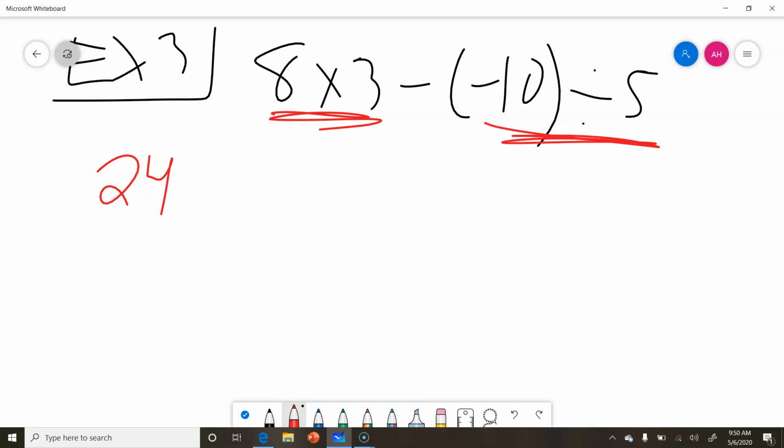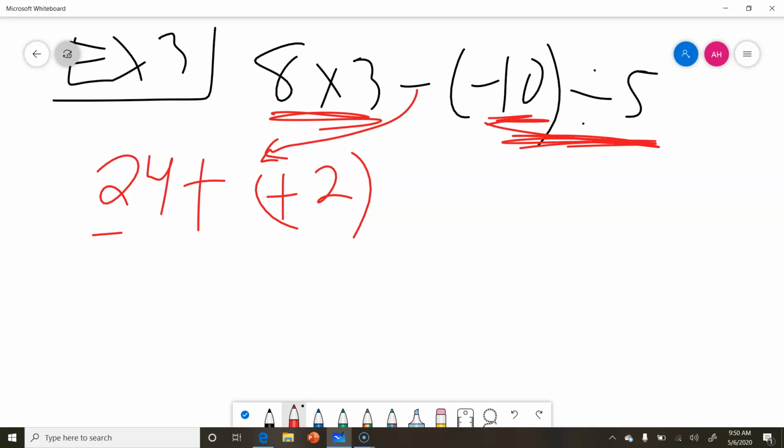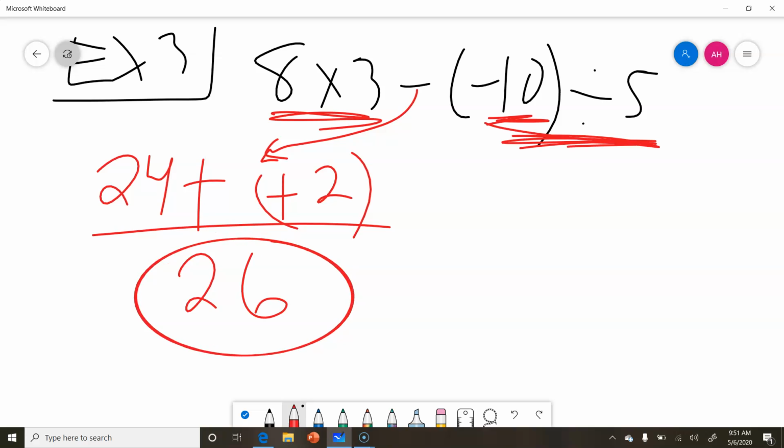Then I do this one next. This minus sign just goes right there. And then I have minus, what is negative 10 divided by 5? Well, that's negative 2. I'm going to get 26 because those two negatives become a positive. 24 plus 2 is 26. Okay, that was example 3.